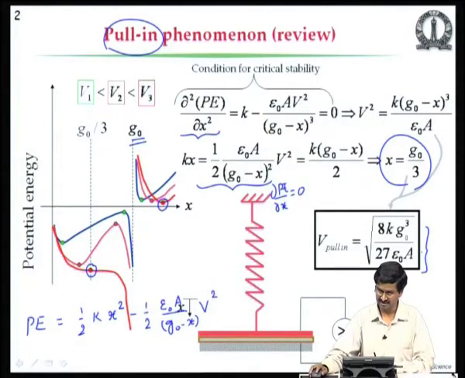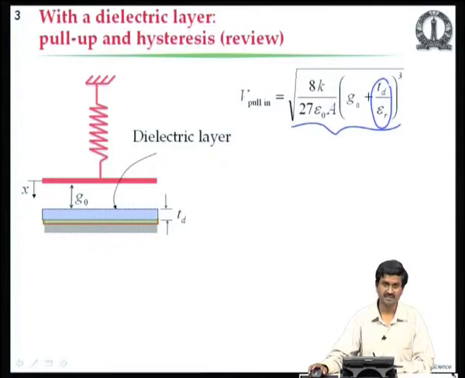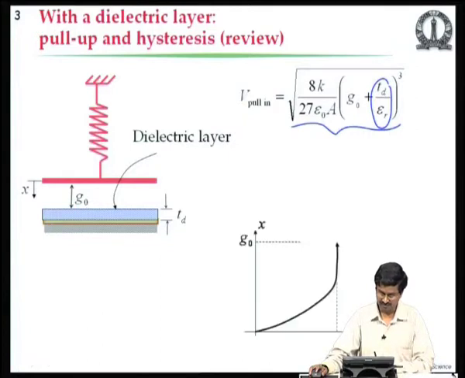Okay. Effective gap becomes g naught plus dielectric thickness divided by dielectric constant. Now, we saw that it also leads to another phenomenon called the pull up phenomenon.